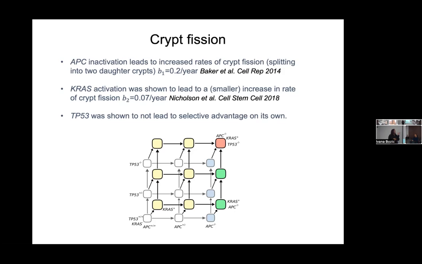There was a paper, I don't know, 10 years ago, that looked into, again, mice crypts and showed that inactivating a single copy of APC leads to a higher chance of that mutation taking over the entire crypt. So we take that into account when we calculate our mutation rates. But for us, a crypt that has just a single copy inactivated does not have an advantage.